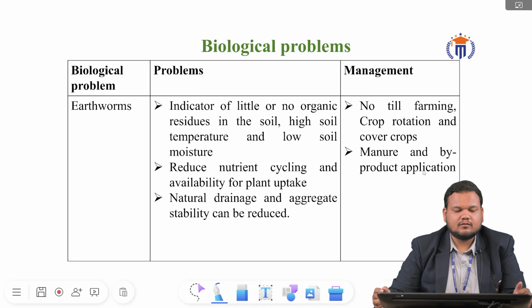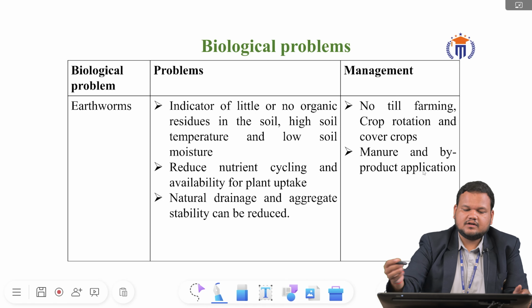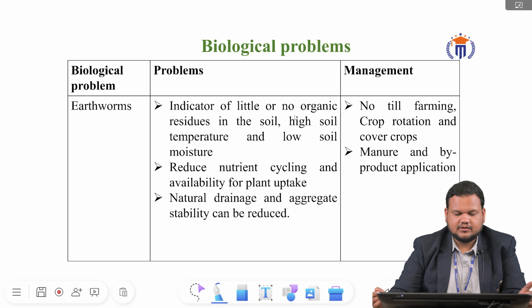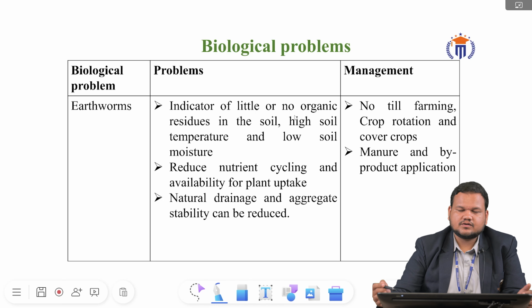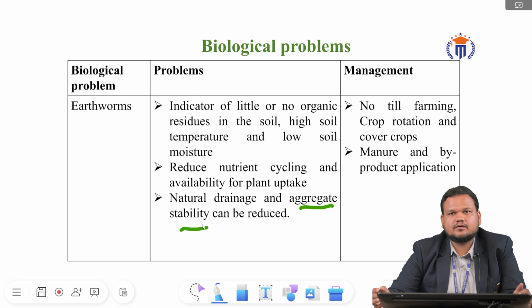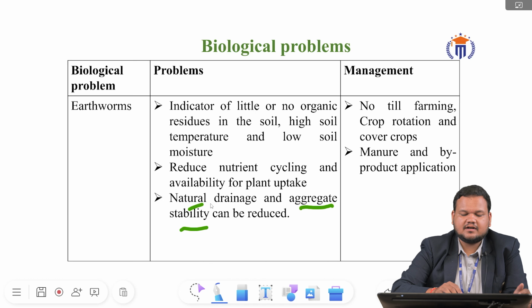So next biological problem is your earthworms. So this is an indicator of little or no organic residues, as these earthworms will feed on these organic residues and release some amount of compost or waste. This will lead to formation of your soil aggregate stability, and the pathway which the earthworms make will act as a natural drainage.